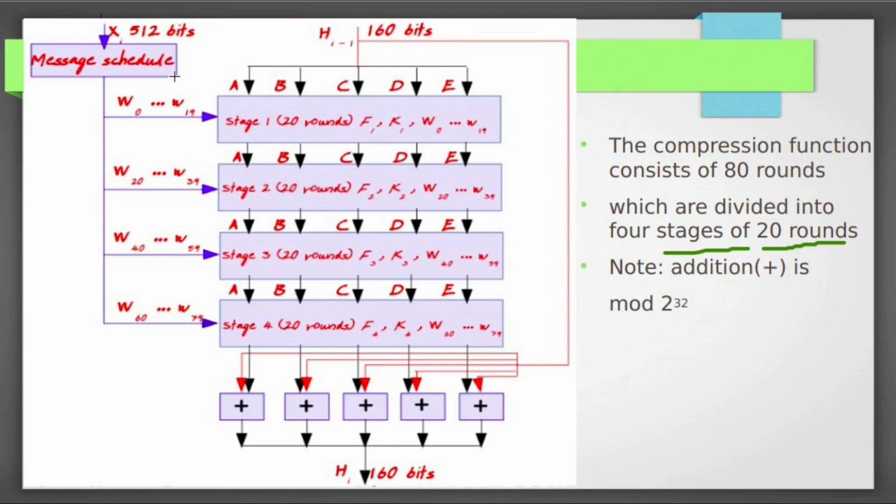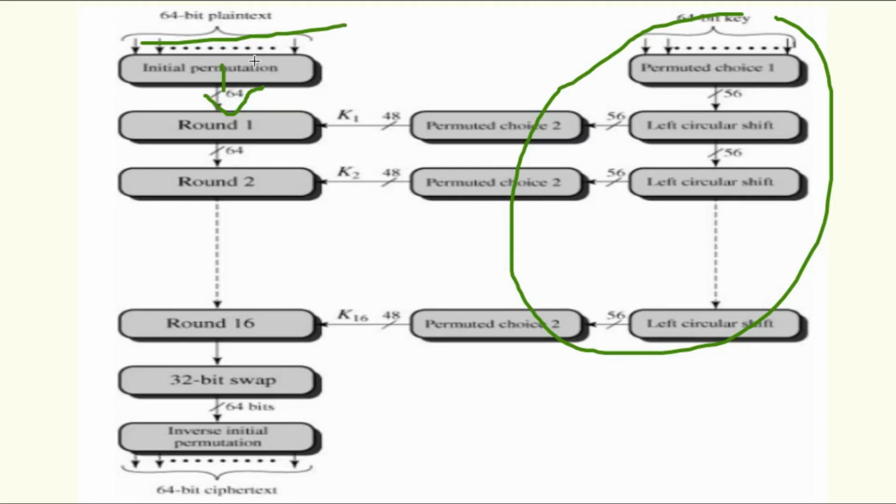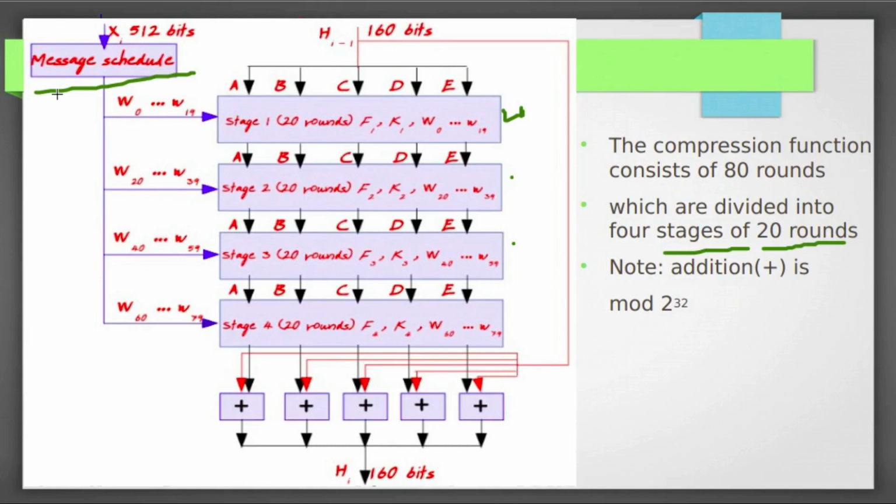In SHA1, 80 rounds are there: in these stages, 20, 20, 20 and 20 rounds, total 80 rounds, and a message schedule. In DES, the message is fed to the round function, but in the SHA algorithm, the message is fed to the message schedule.